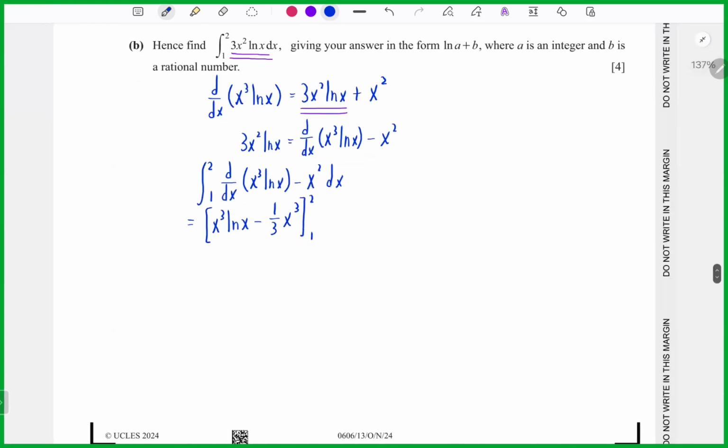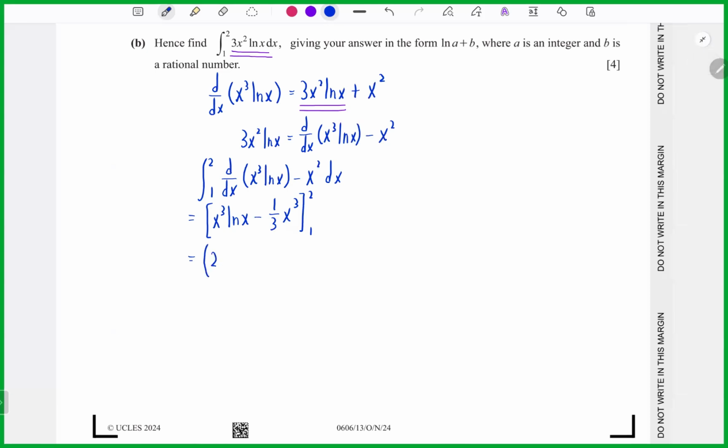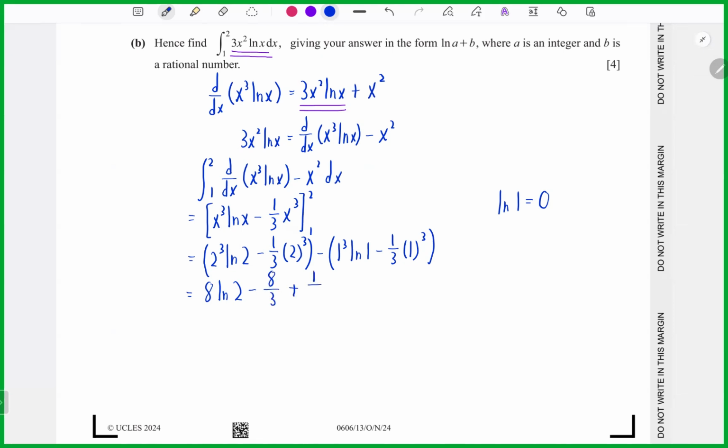Okay, so now I substitute the values. 2 cubed ln 2 minus 1 over 3 times 2 to the power 3, minus 1 cubed ln 1 minus 1 over 3 times 1 cubed. But we know ln 1 equals 0. So you can write 8 ln 2 minus 8 over 3 plus 1 over 3, which is 8 ln 2 minus 7 over 3.